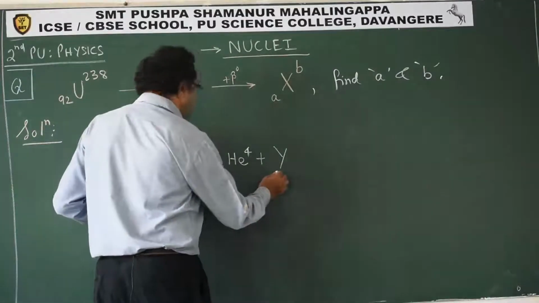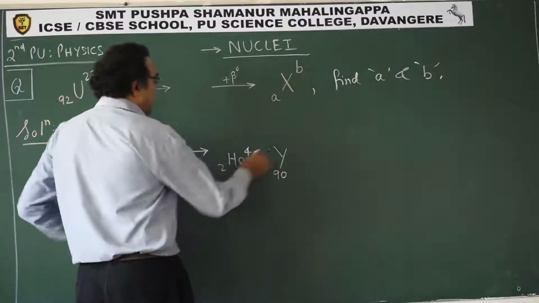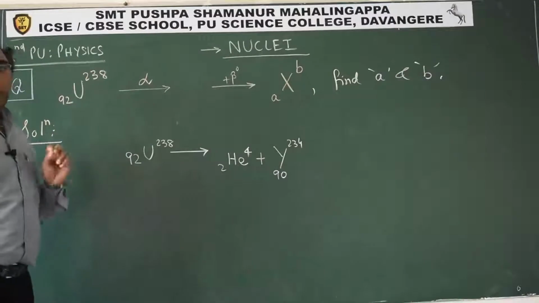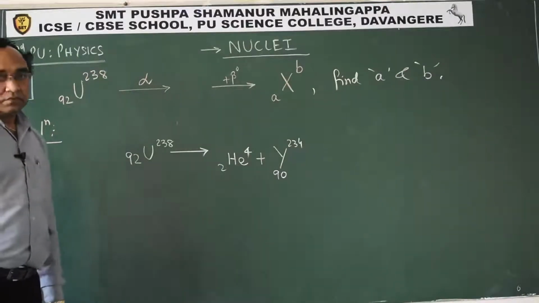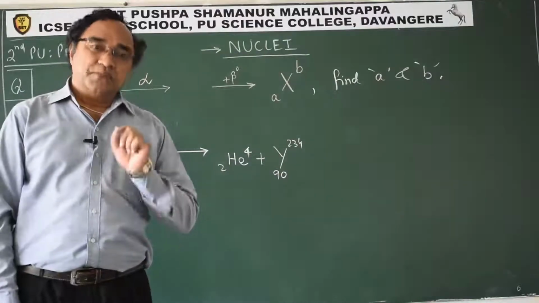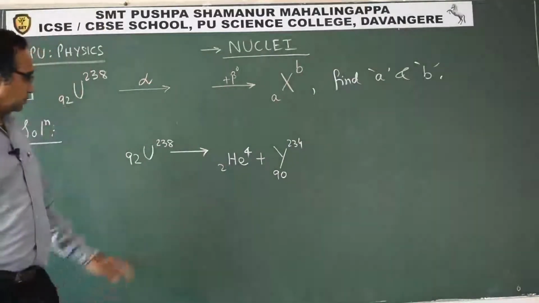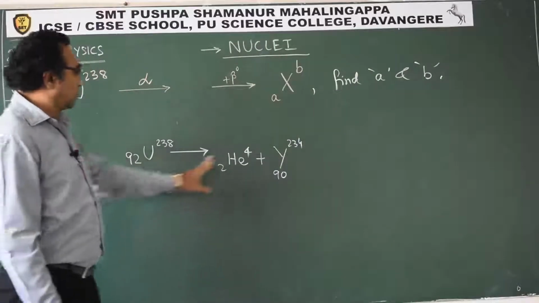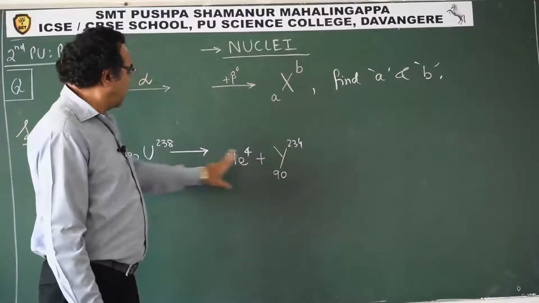If I balance it, here it will come 90 and here it should come 234. How do you balance nuclear reactions? Nuclear reactions are balanced by balancing the subscripts and superscripts. 90 plus 2 makes it 92. 234 plus 4 makes it 238.